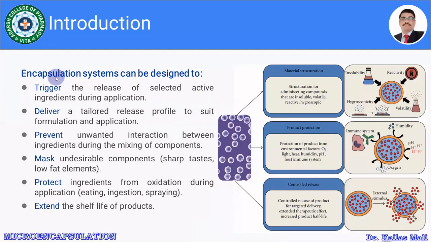The encapsulation system is designed to trigger the release of a selected active ingredient during application, deliver a tailored release profile to suit formulation and application, prevent unwanted interaction between ingredients during the mixing of components, mask undesirable components like sharp taste or low fat element, protect ingredients from oxidation during the application, maybe eating, ingestion, or spraying, and extend the shelf life of the product. So these are a few reasons to go for microencapsulation.